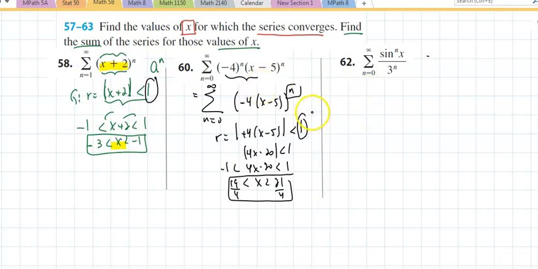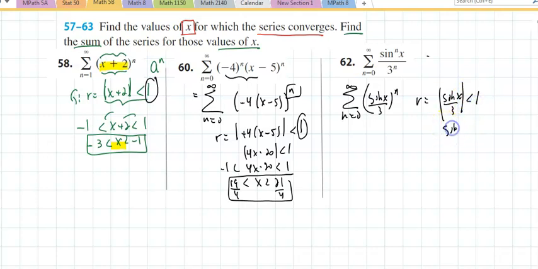And how about the last part? I didn't find the sum yet. I'm going to find the sum, then it says find the sum. As long as this is geometric, sine of x over 3 raised to the n power, in absolute value. So I can see that r is the sine of x over 3, and I want that to be less than 1. But the absolute value of sine of x is less than 3.